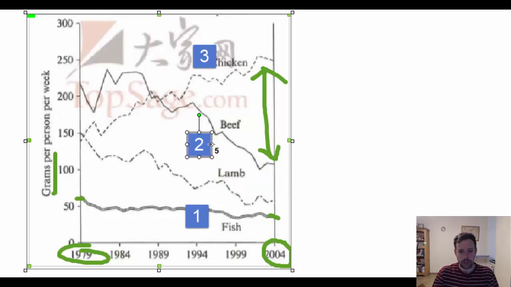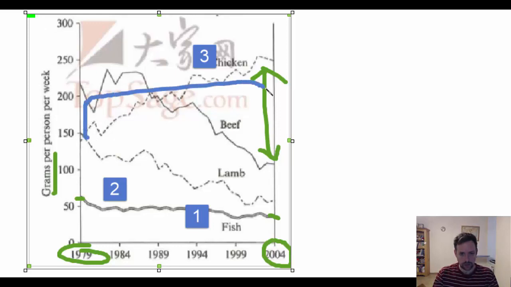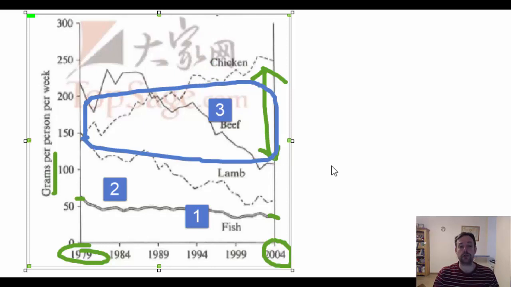For example, I could easily say, well, I'm going to talk about, let's say, beef and chicken. Okay, because for most of the graph there, starting from here, and then all the way around to the end, beef and chicken were number 1 and number 2.